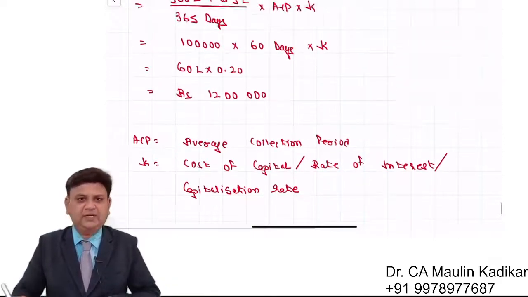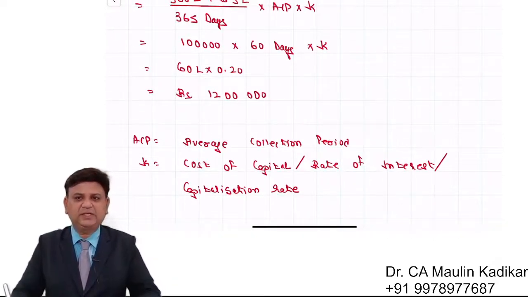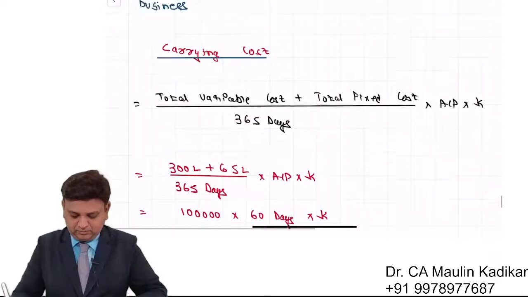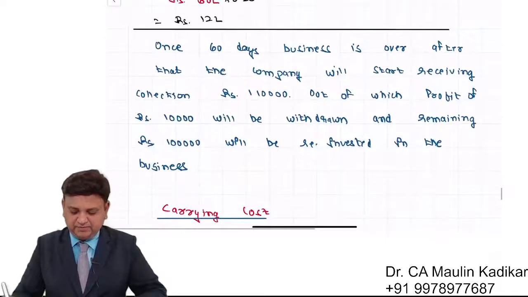Something like this, a word can be assigned. Average collection period is also, for the time being, the credit period. This is what we understand.